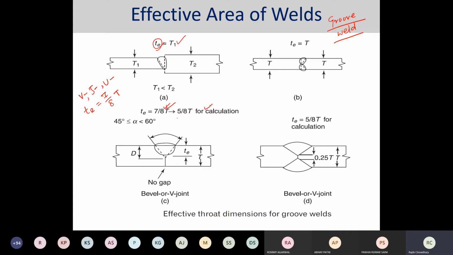But while making the calculation of the throat thickness, you have to use 5/8 times the thickness of the thinner part. And why we are saying it is a T, both the T are the same, because we are making both the plates of the same thickness. So the thickness of the thinner part comes over here.